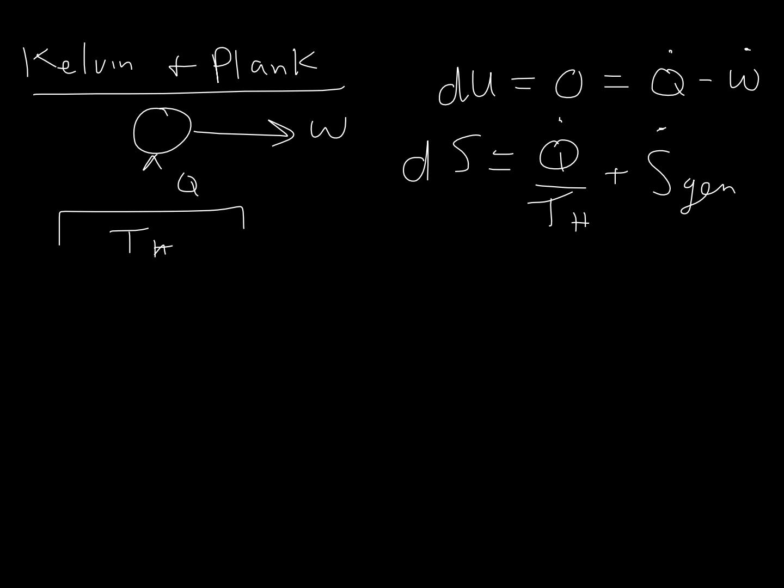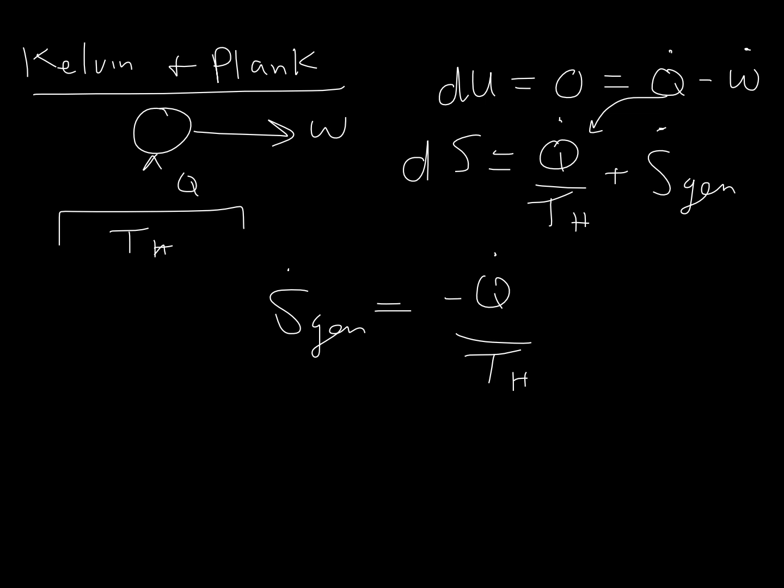So then that shows, if we rearrange this expression, that S dot gen, if we substitute this Q into here, sorry, we don't need to do that actually. We just write S dot gen is equal to negative Q over TH. So what this tells us is that we can't have negative temperature, right?